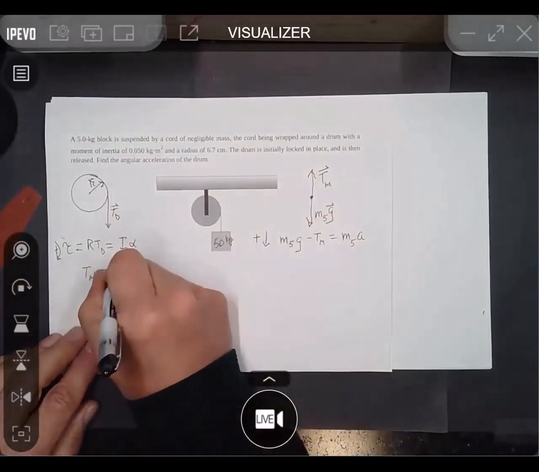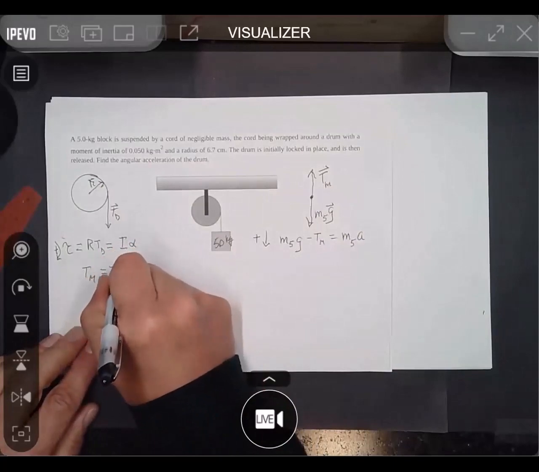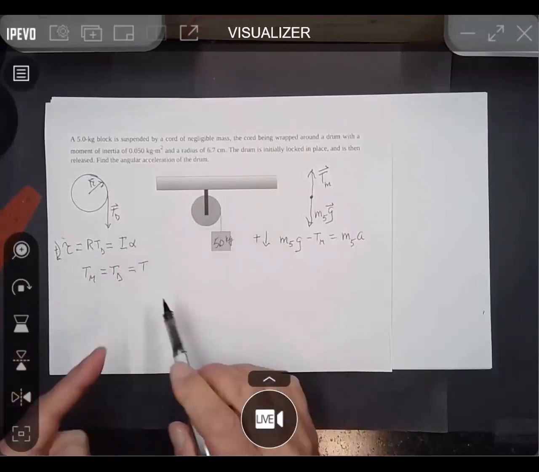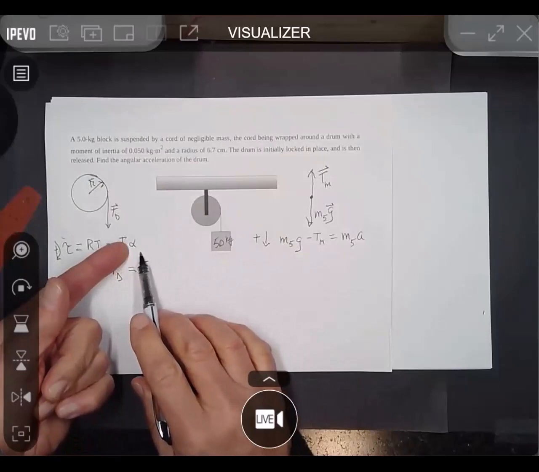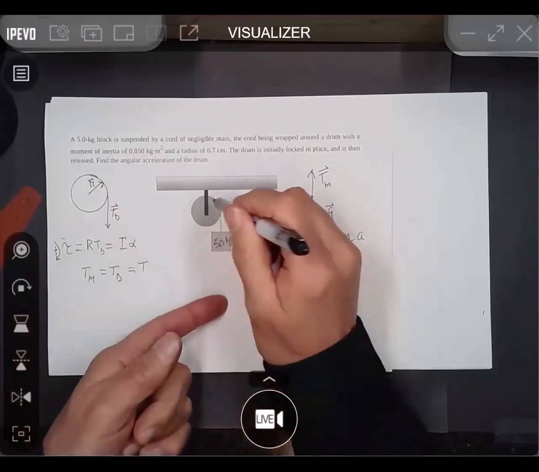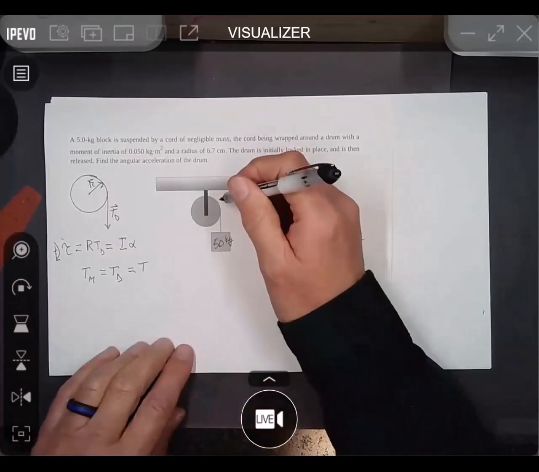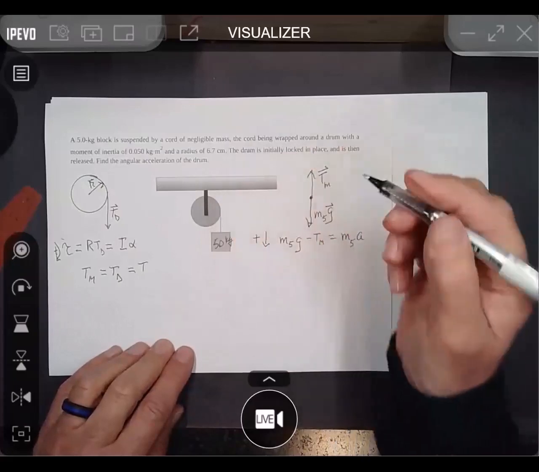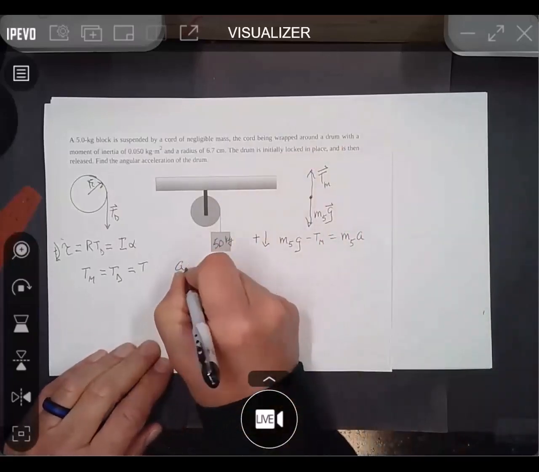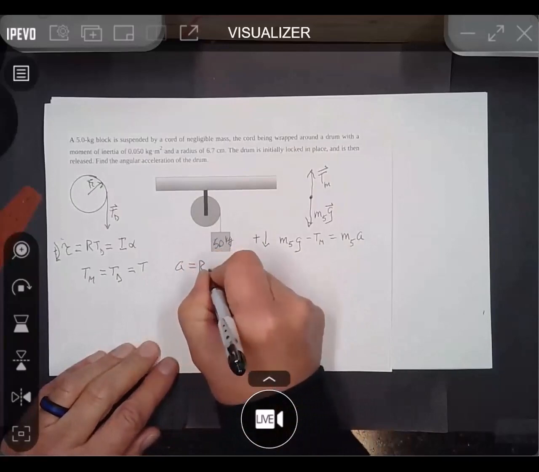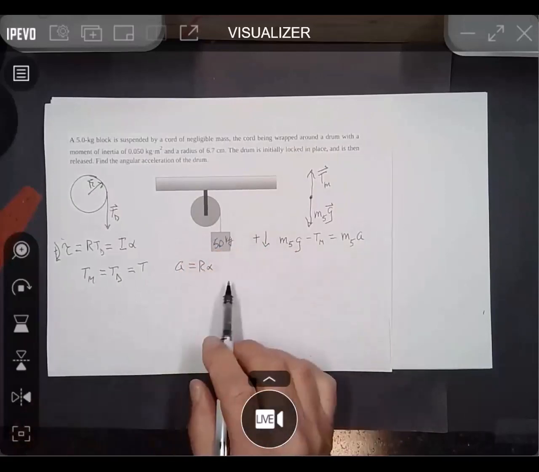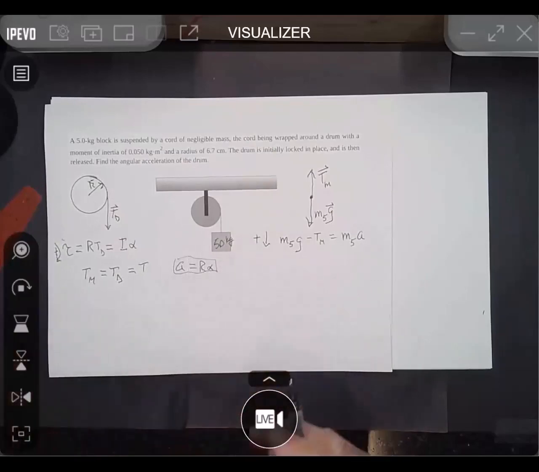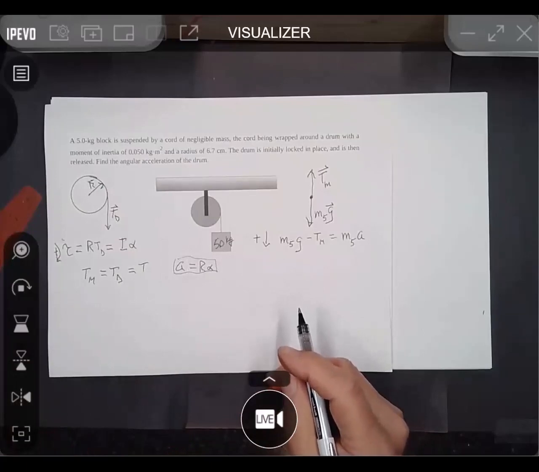So T sub M equals T sub D, and I'm just going to call it T. And then there's that relation between the angular acceleration of the drum and the linear acceleration of a point on the drum, including a point on the cord that's supporting that thing. And so the acceleration is actually going to equal r times alpha again. These links that tie together the rotation and the translation are handy for this stuff.